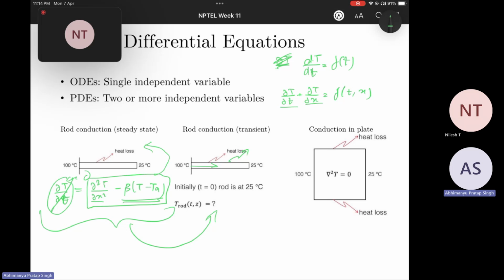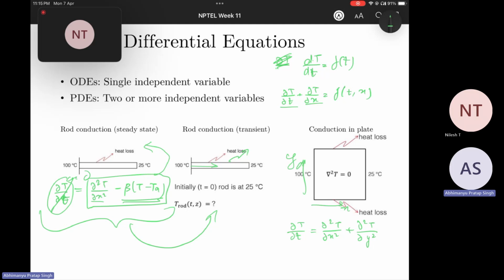Similarly, this is for the 1D case. Similarly, we get it for the 2D case. I take this as x and this as y.